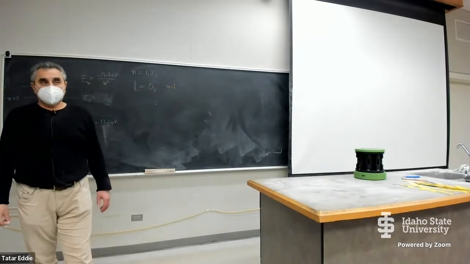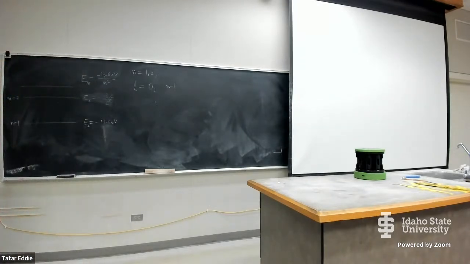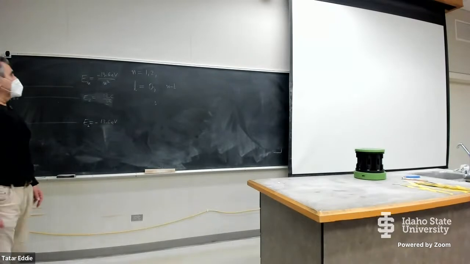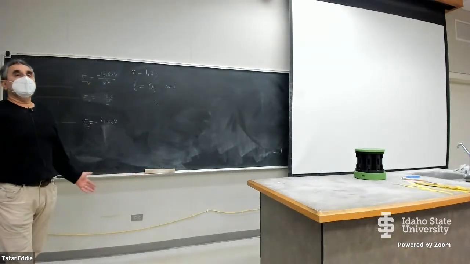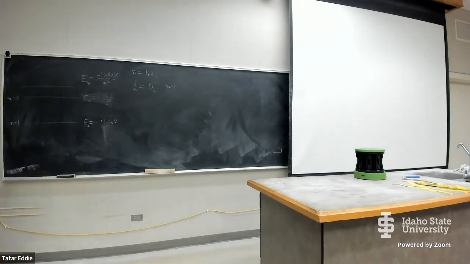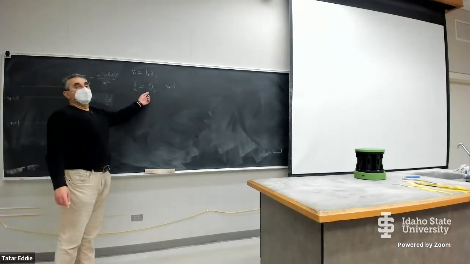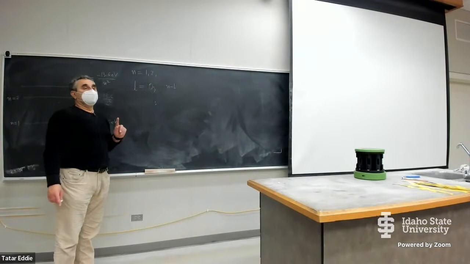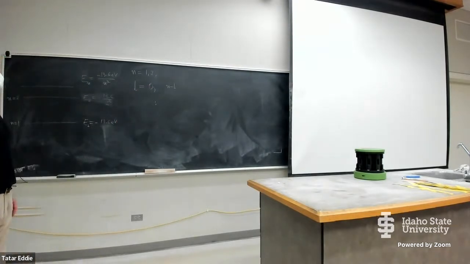So this means that if an electron is in a state with principal quantum number 3, the value of the orbital quantum number for that electron could be 0, 1, or 2. Those are the allowed numbers for this particular electron.